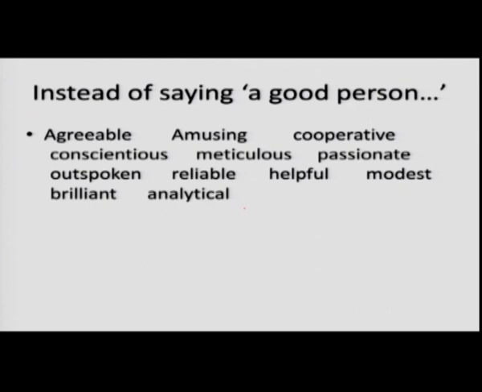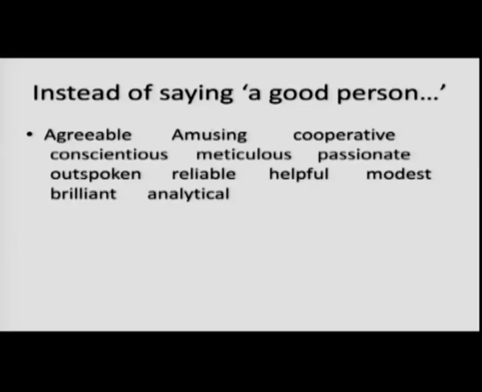Say, for example, agreeable means the person is not very quarrelsome, and you can reach some agreement with that person. Amusing, it's actually fun to be with that person. Then outspoken, so doesn't hide anything and talks in a very eloquent fashion, and so on.